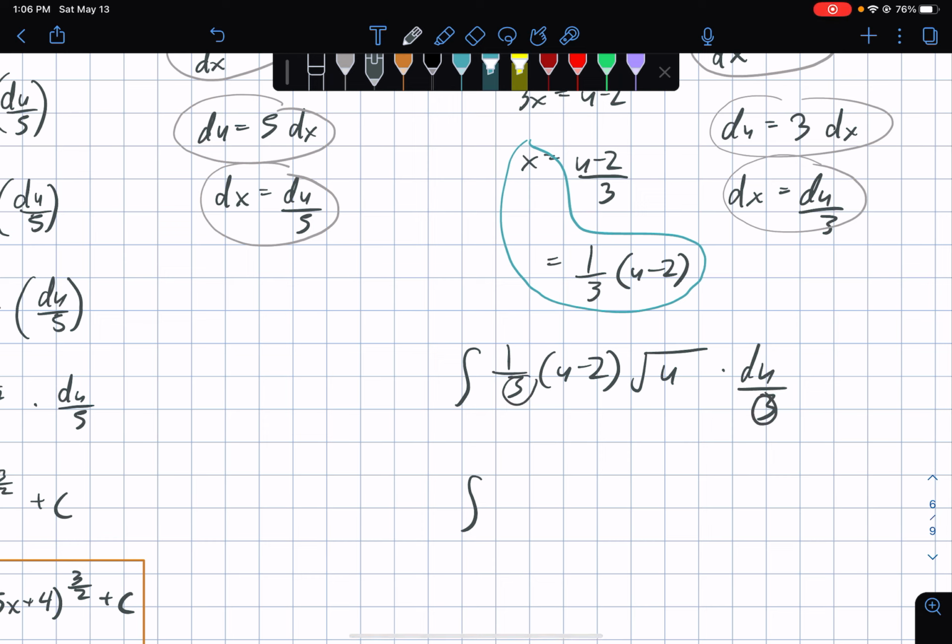We can multiply these with each other. It's going to be 1 over 9. And then u minus 2. You convert the radical sign into raised to 1/2. So these are equal to each other.